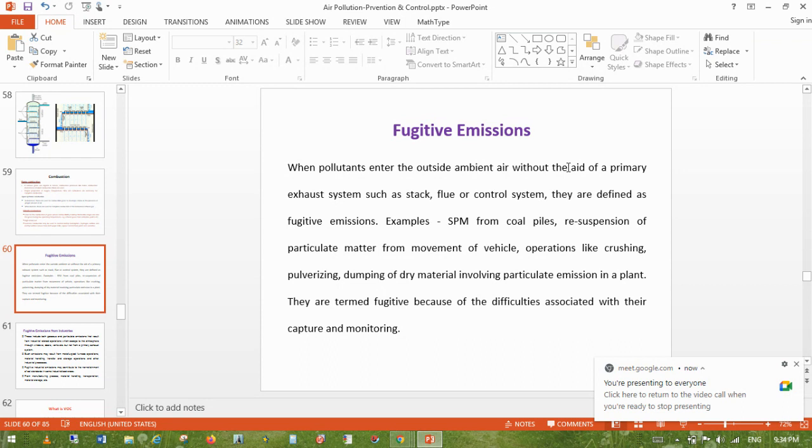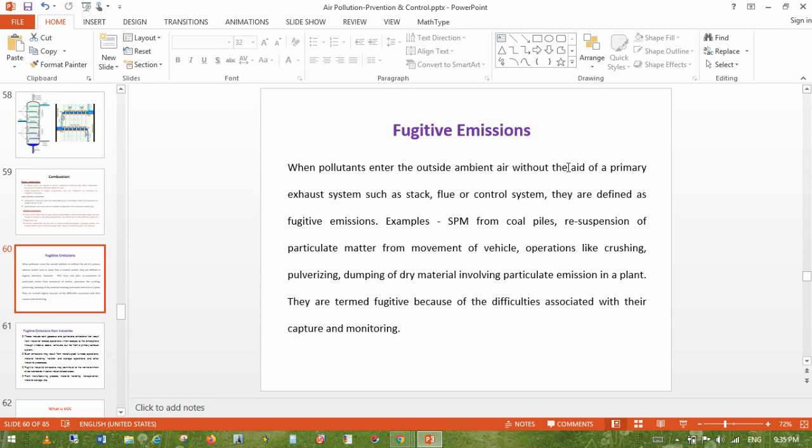Means if there is some falling of material. A small example is a dumper which collects some mud or water or sand; when it dumps to the outside, a small amount of dust can be released to the atmosphere, where you cannot collect the dust at that place.